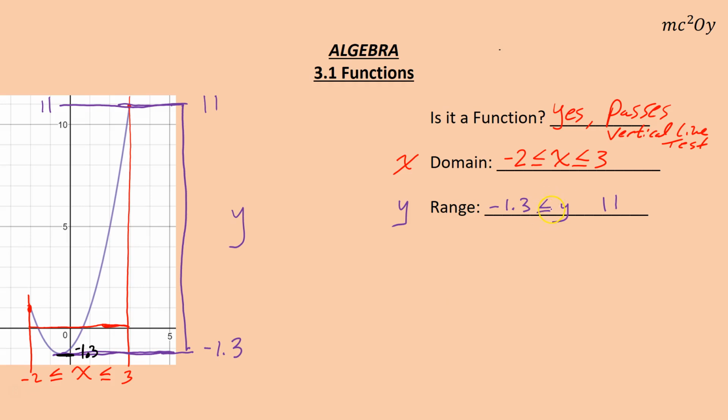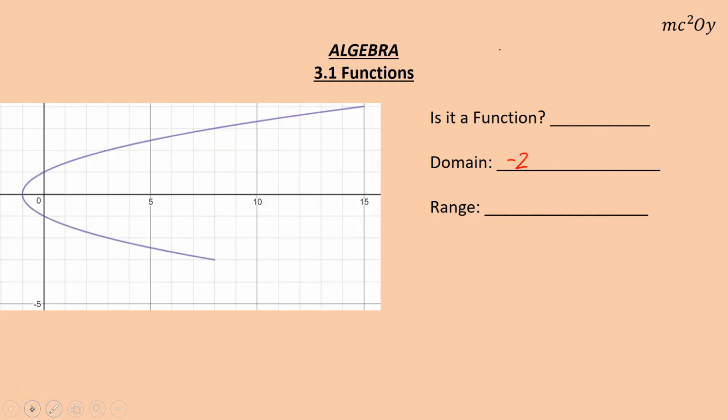And once again, since there aren't any open circles on the ends, it has the less than or equal to. So y is in between these two values. That is my range. It just says where y exists in graphical form and where x exists in graphical form.